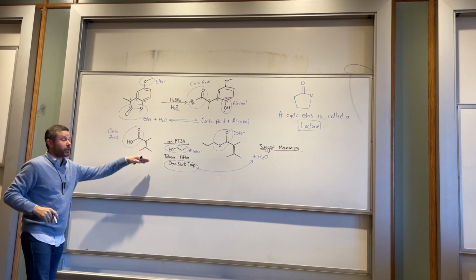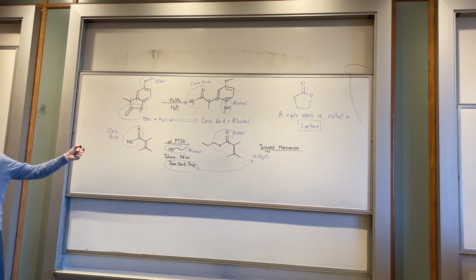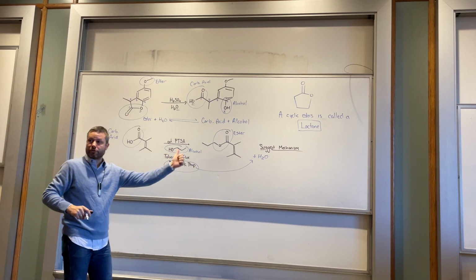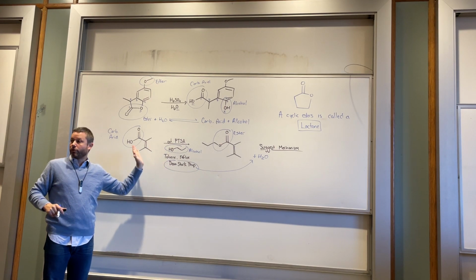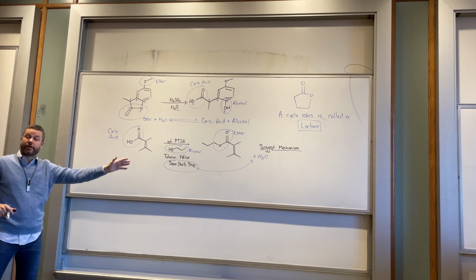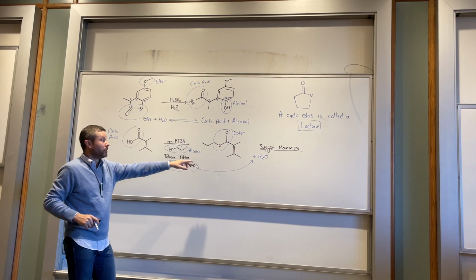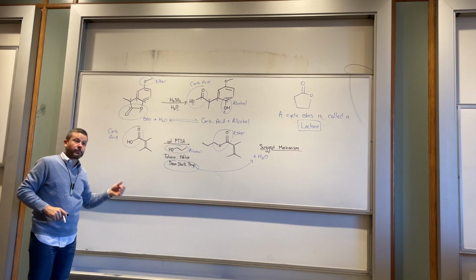This is important because if water is one of our products, that is going to promote the reverse reaction. So by getting rid of it through a Dean Stark trap, it's going to push the equilibrium to the right, towards the ester product.